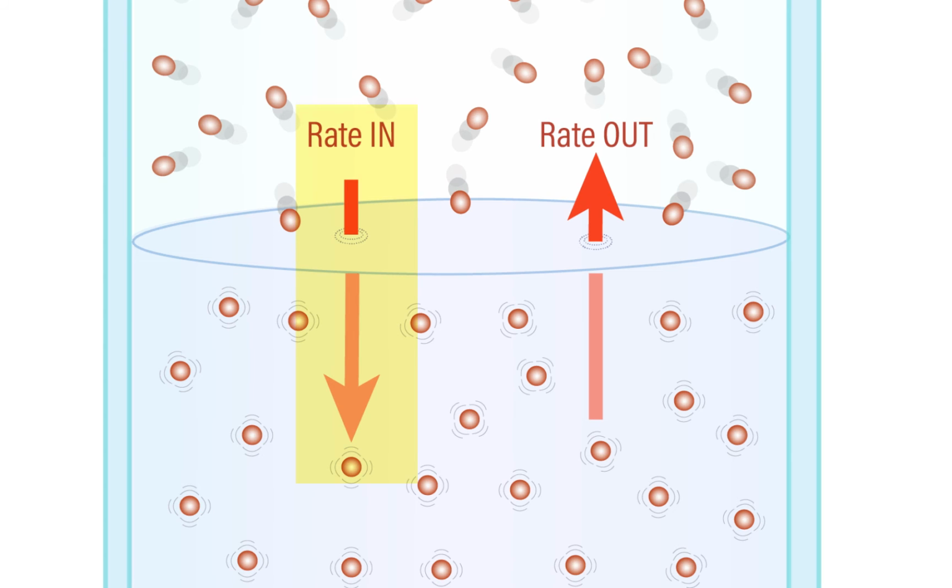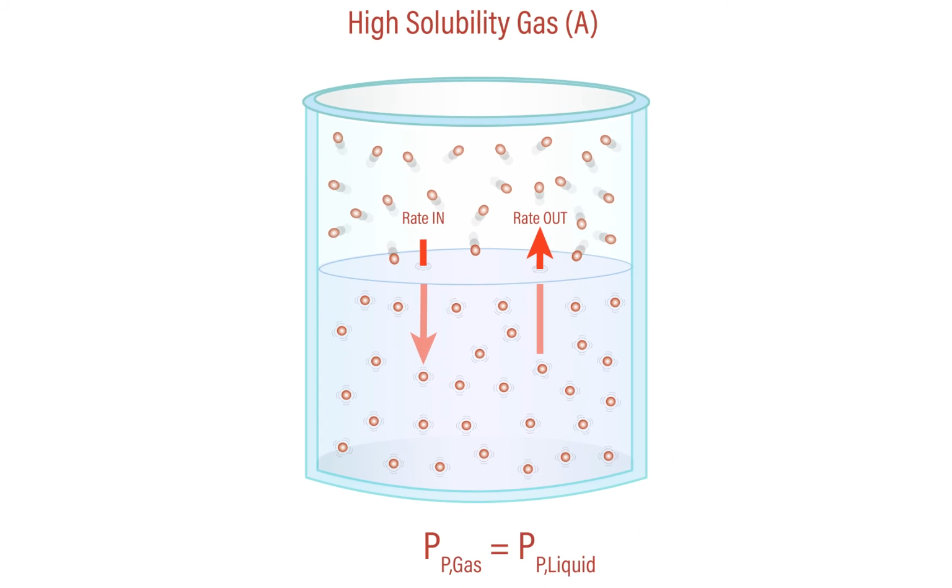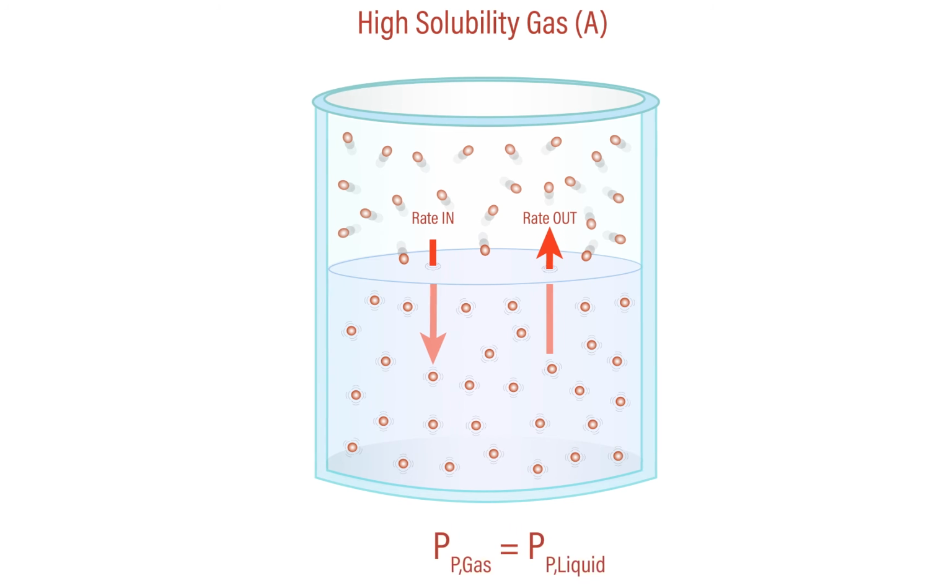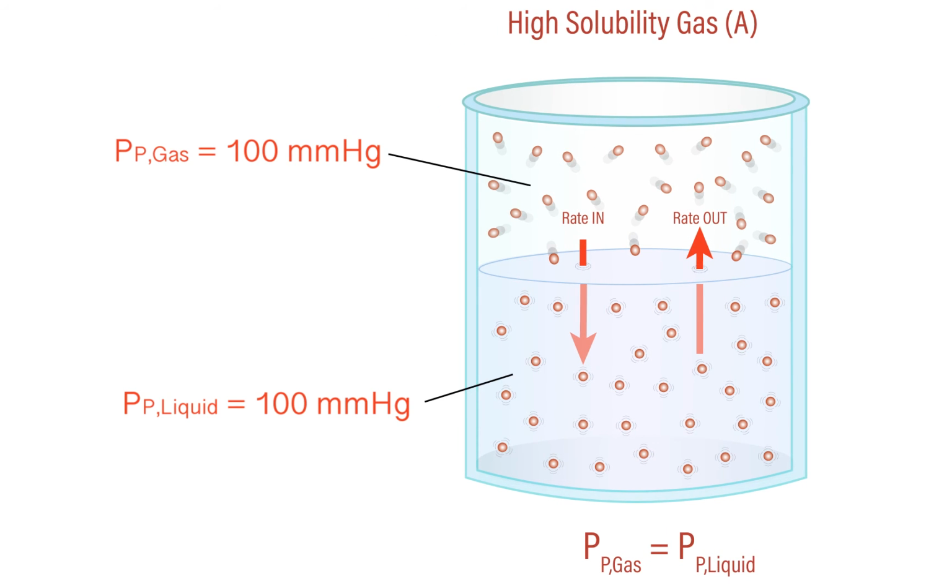When this occurs, there is now no net movement of gases between the gas phase and the liquid phase. And under these conditions, we say that the partial pressure of the dissolved gas in the liquid phase is equal to the partial pressure of the gas in the gas phase.